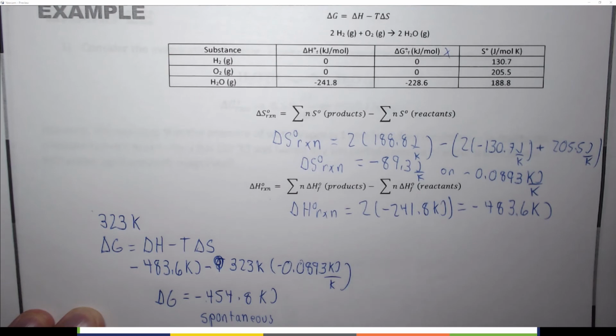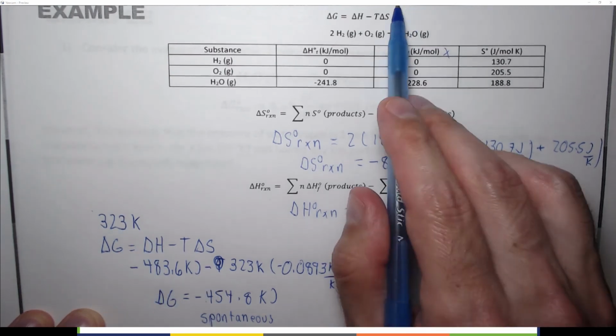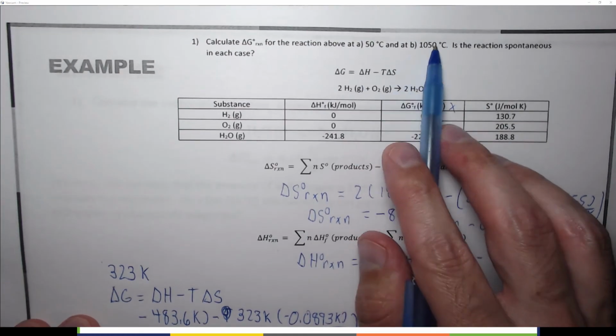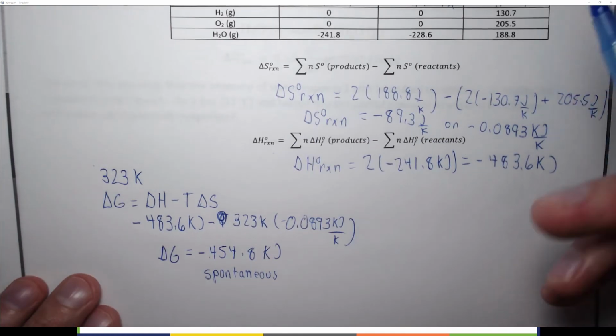Okay, now let's see, I guess that's not a high enough temperature to make it non-spontaneous. Let's see if 1050 degrees C is a high enough temperature.